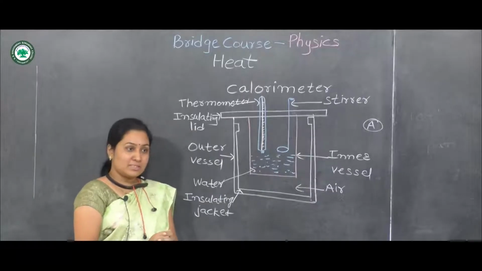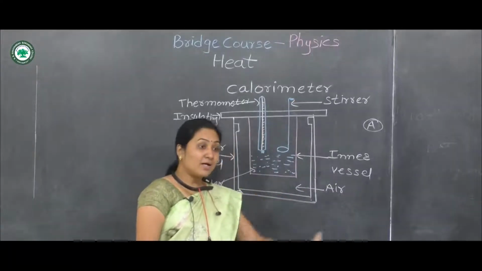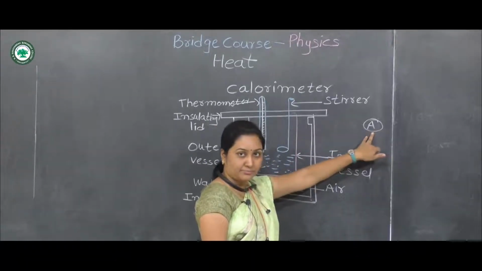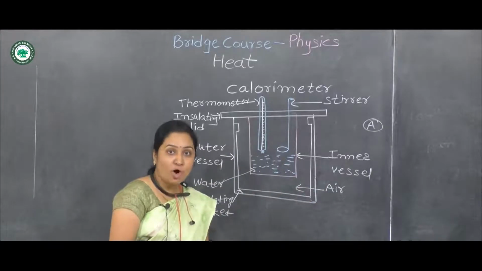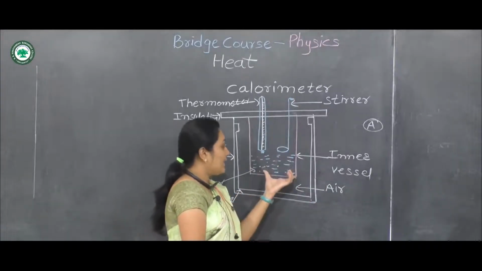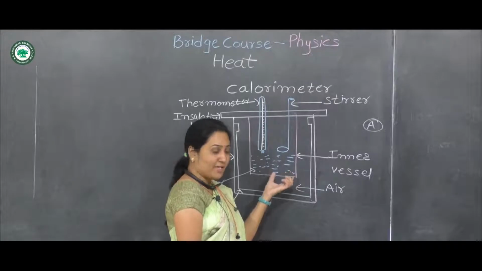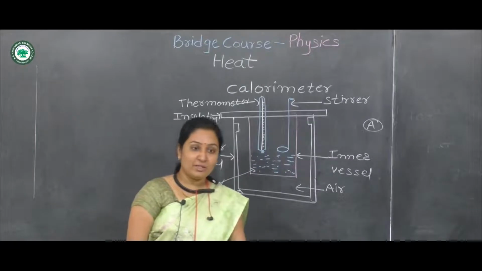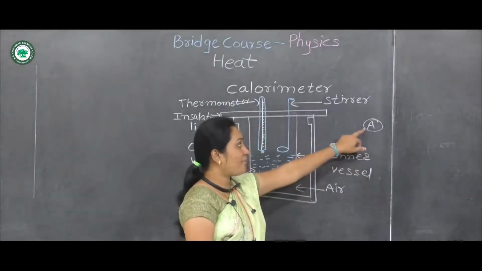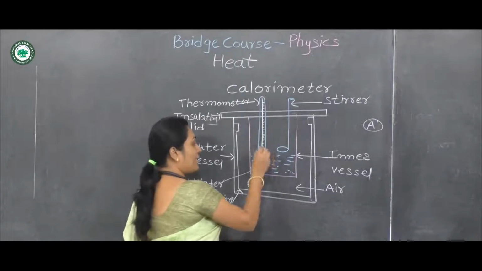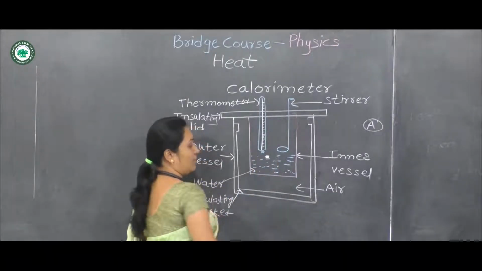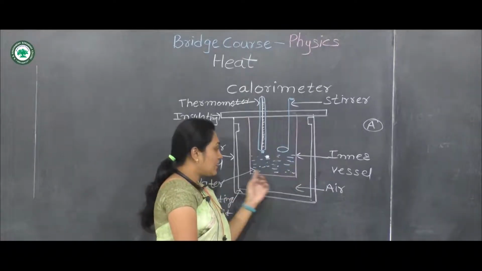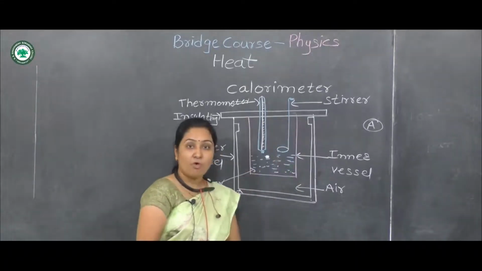Due to this, the heat which is released by this object A is absorbed by the calorimeter vessel, that is the inner vessel, and the water. Heat which is released by the object which we have placed here after heating is gained by the calorimeter vessel and the water.